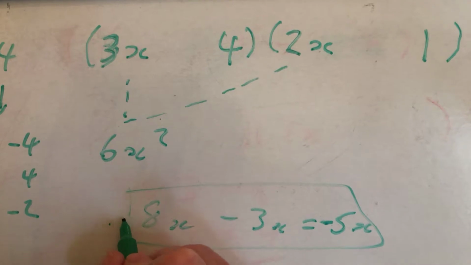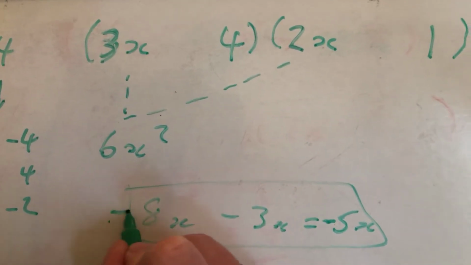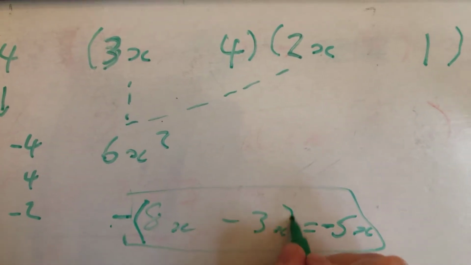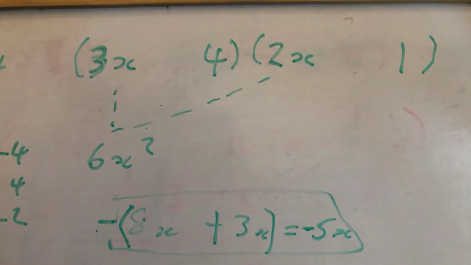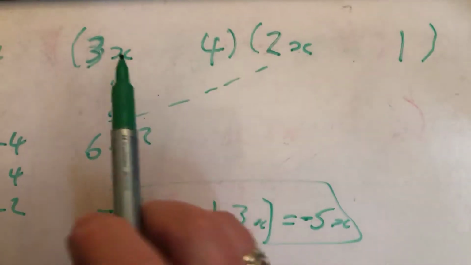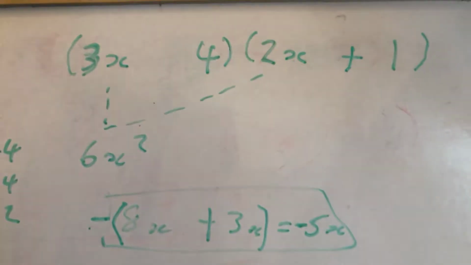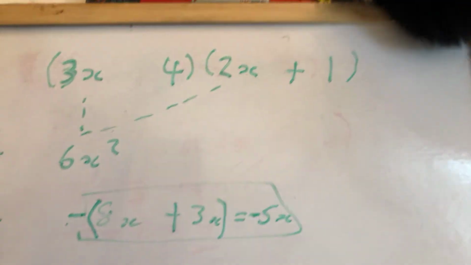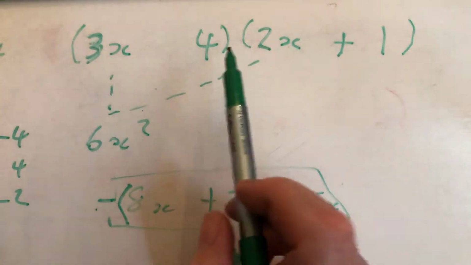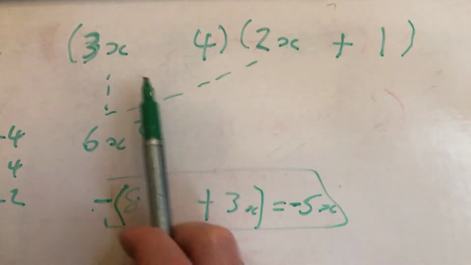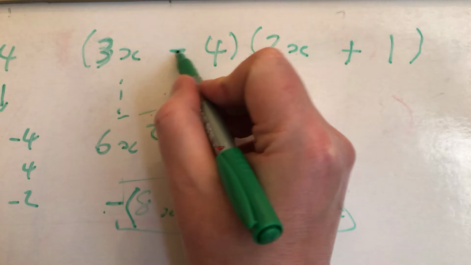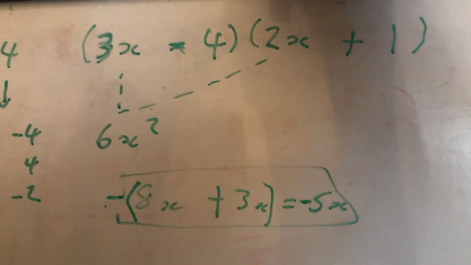It's going to be equal to minus 8x plus 3x. That's telling us that the 3x needs to be a plus, so we're going to stick our plus sign here. And we need it to be a minus 8x, so we're going to stick the minus sign there.